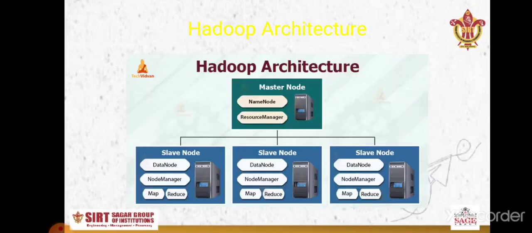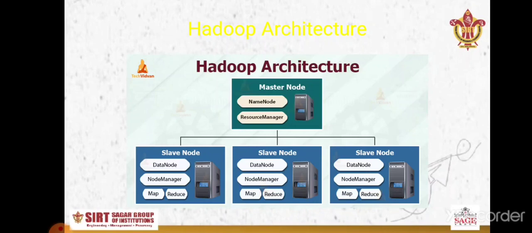Now coming to the Hadoop architecture. In today's lecture we will study the Hadoop architecture, what is HDFS, what is the name node, the resource manager, all those concepts. As you can see in the figure, the Hadoop architecture consists of a master node and slave nodes.